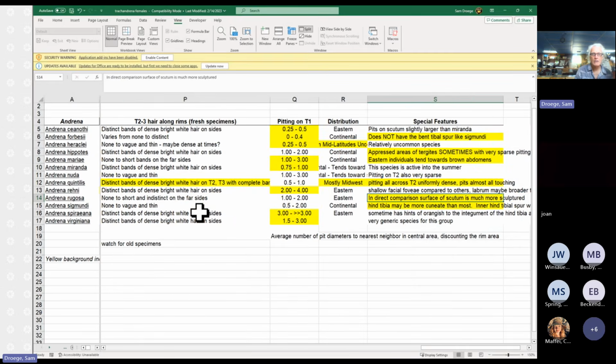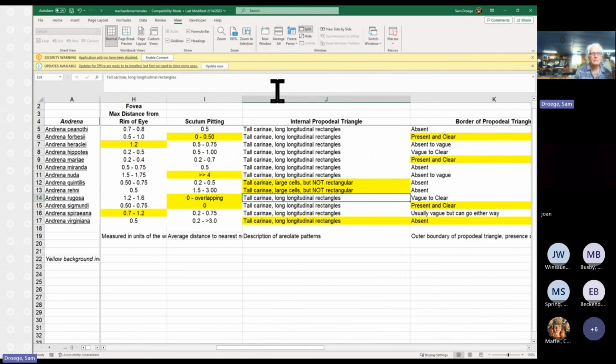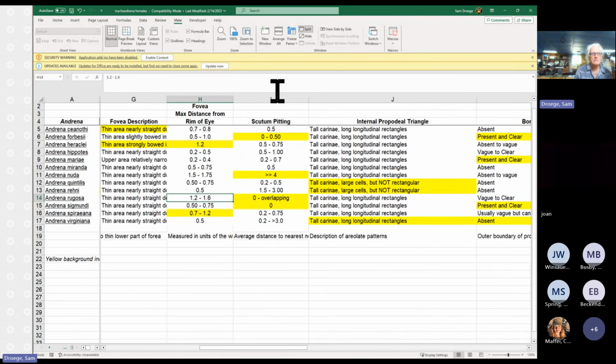And when we go here, special features, it's basically saying, if we look up here to see all the words, that this is very rugose, so very sculptured, very ruggedy. I also know, although I don't think that I put it in here as important, that the distance to the rim of the eye is pretty wide.